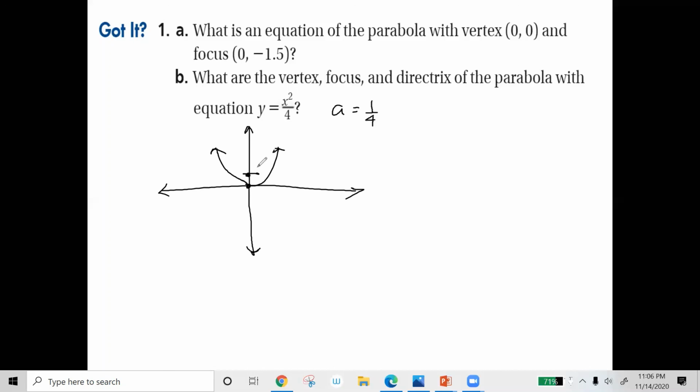Now we have the focus. Since (0, 1) is the focus, what is our directrix? Remember, the directrix is a line at an equal distance from the vertex. So since we have 1 unit up to the focus, we will also have 1 unit down for the directrix. So (0, 1) for the focus, and I will put (0, -1) for the directrix.